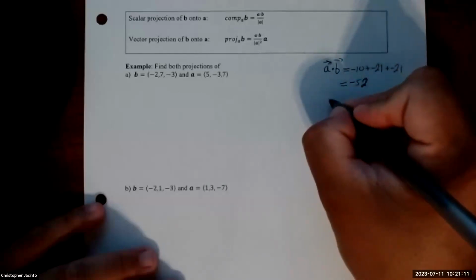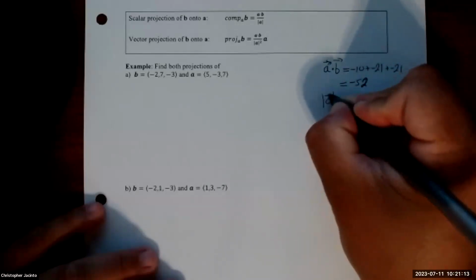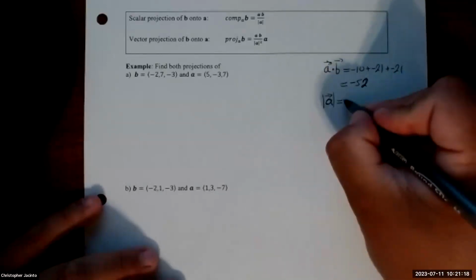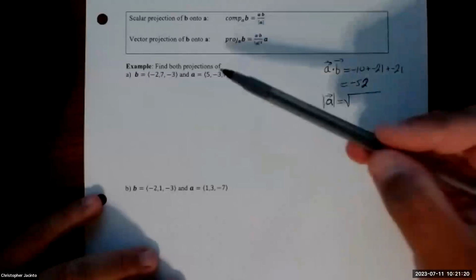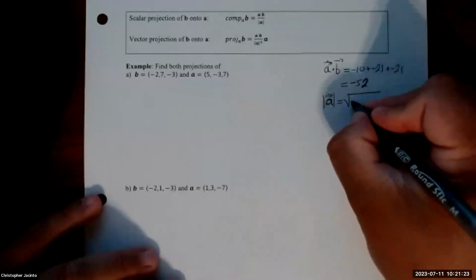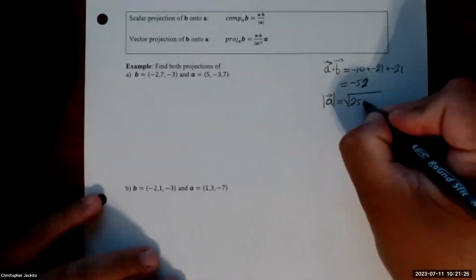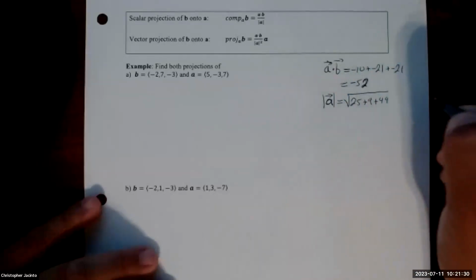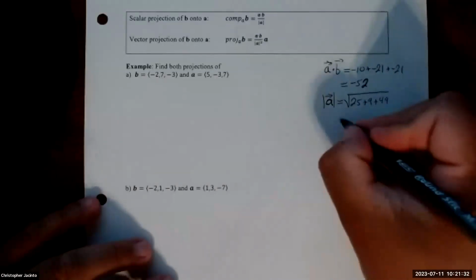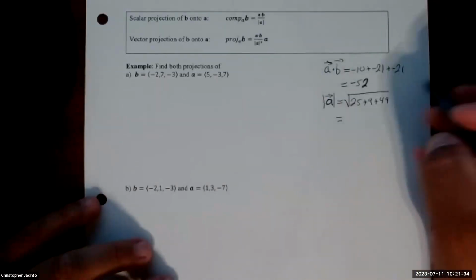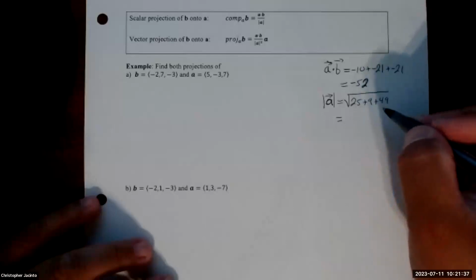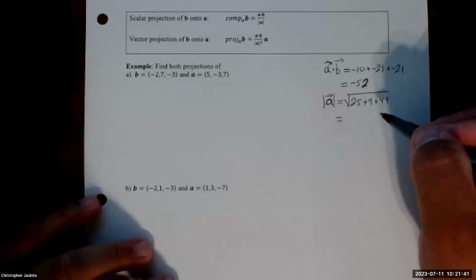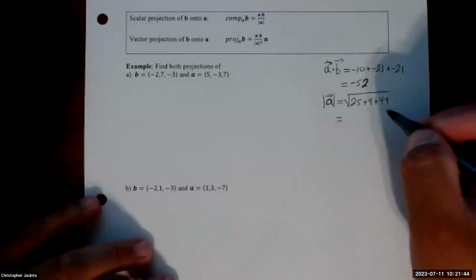And now we've got to find the length of A, and the good thing is only the length of A, which is nice. So the length of A, which is right here: 5 squared is 25, -3 squared is 9, and 7 squared is 49. So what is this? 9 plus 25 is 34, and 34 plus 49.